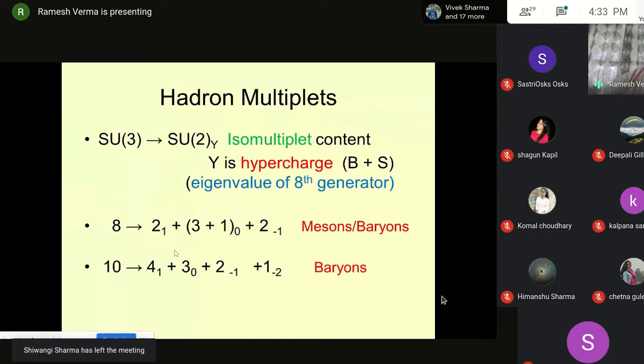So interestingly, because we have generalized SU2 isospin to SU3, we have to understand how SU3 multiplets contain various isospin multiplets with appropriate hypercharge, which is a new quantum number introduced by the SU3 group.